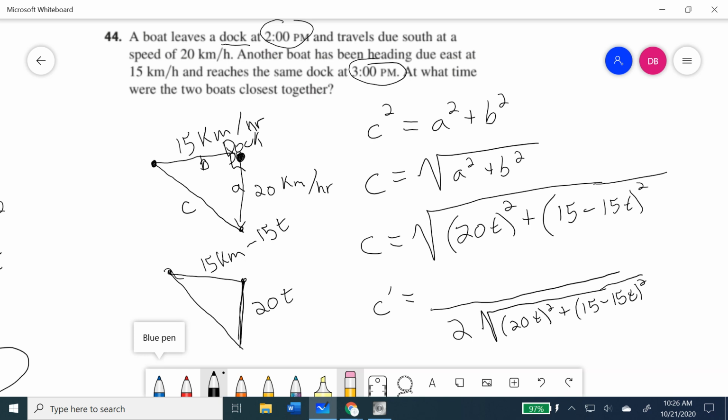So 2 times blah times the derivative of blah, or you can choose whether you want to expand and then differentiate, or just differentiate with the chain rule as you go. It's up to you. Plus 2 times blah, and then multiply by the derivative of that inner function.